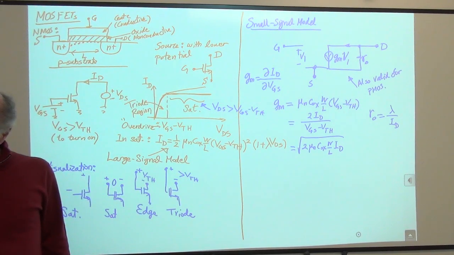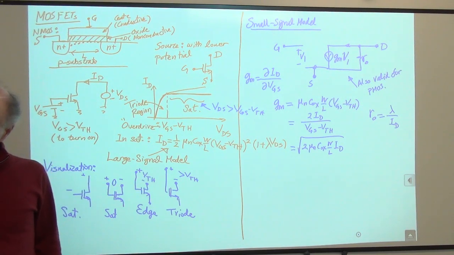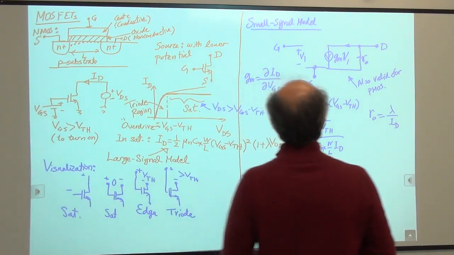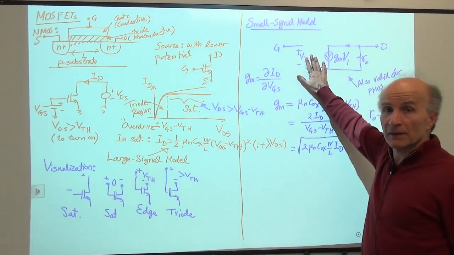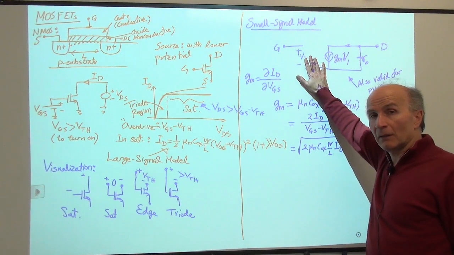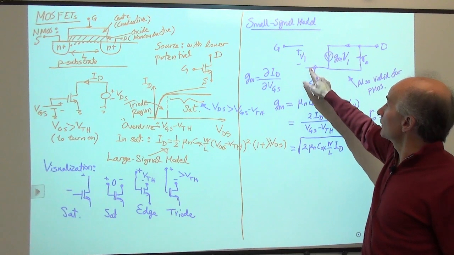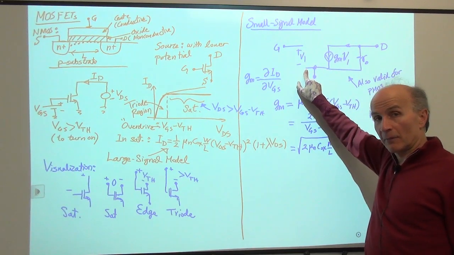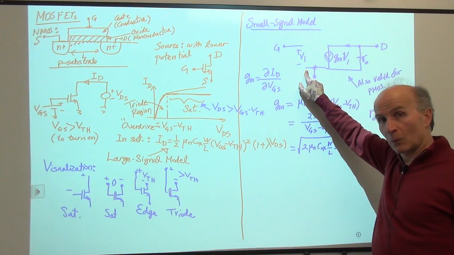Let's see if there's anything else that I wanted to mention. Okay, one interesting point is that unlike the small signal model of the bipolar device, we do not have a resistance between here and here. There's no such thing as r pi for a MOS model. Why is that?